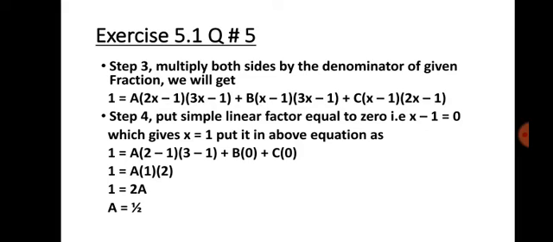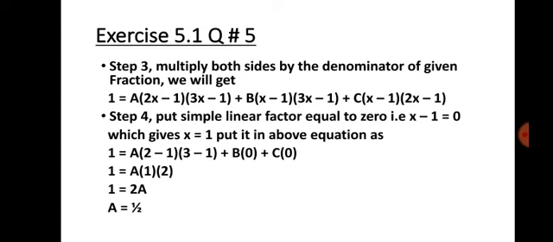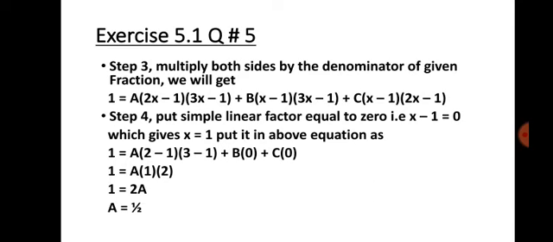Similarly, when we multiply these three factors with B over 2x minus 1, 2x minus 1 will be cancelled out and the remaining factors will be B into (x minus 1)(3x minus 1). And finally, when we multiply these three factors with C over 3x minus 1, 3x minus 1 will be cancelled out and the remaining factors will be C into (x minus 1)(2x minus 1).